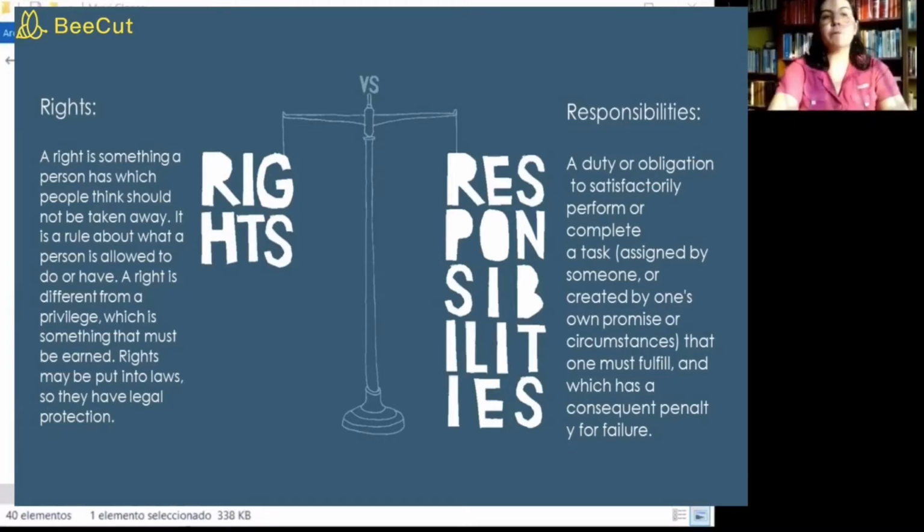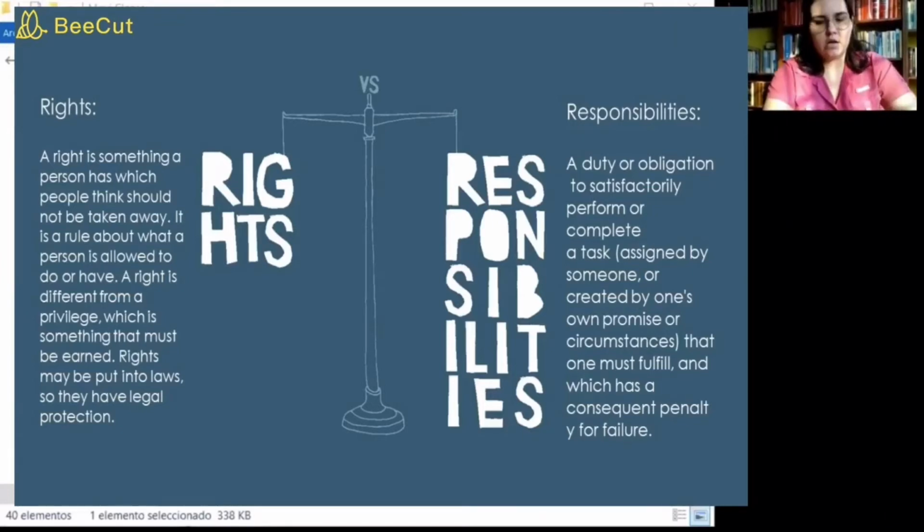For example, the rights of colored people, human rights in general, or the kids' rights. Those are so important in our lives. That is the difference between rights and responsibilities.